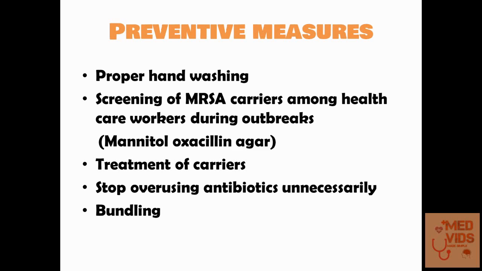And there's this technique known as bundling, which means performing various medical procedures in a prescribed fashion. For example, there are certain steps to administer central IV lines or intravenous catheters. If these procedures are followed, there will be fewer chances for secondary infections to develop.